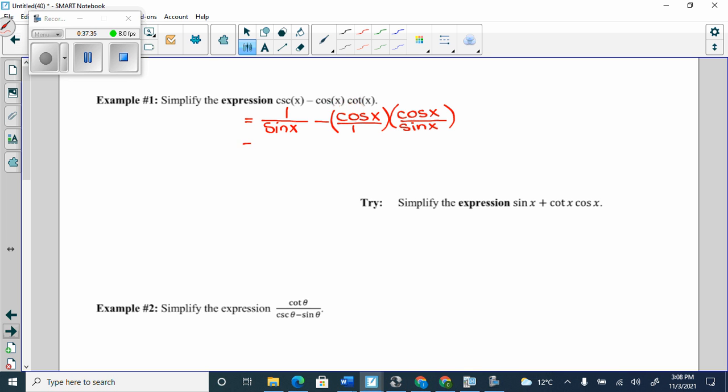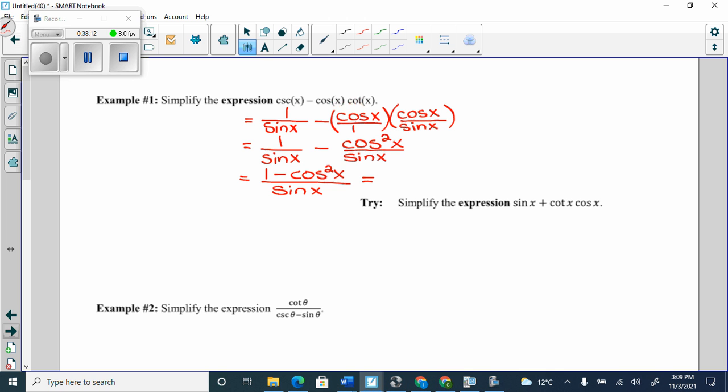So here we're going to have 1 over sine x minus cos times cos, which is cos squared x over sine x. When you have common denominators, you can add or subtract because you can write it all over the one denominator. So now I can go 1 minus cos squared x over sine x. And we just went over this. What is 1 minus cos squared x the same as? Let's go back up here.